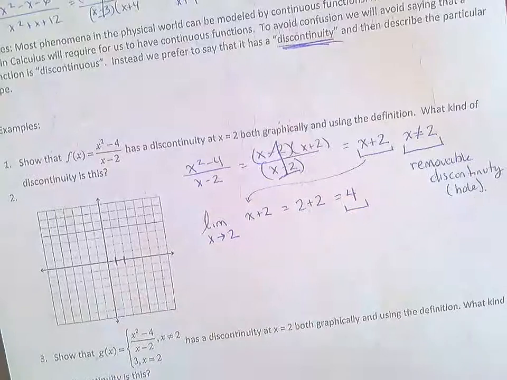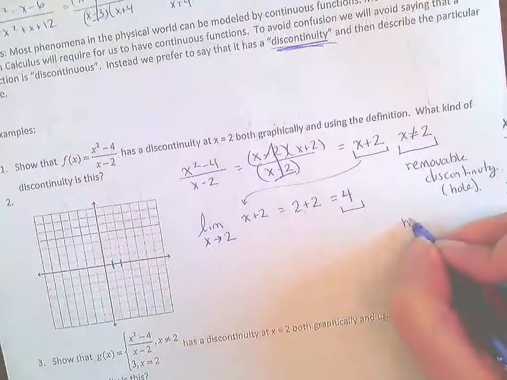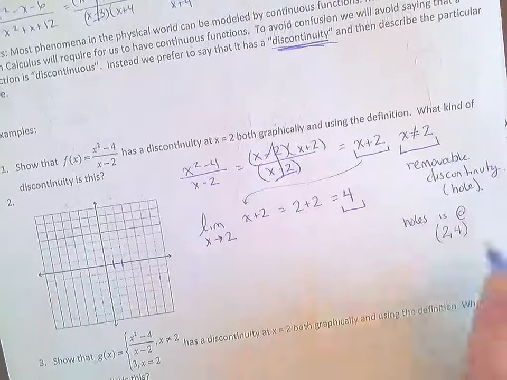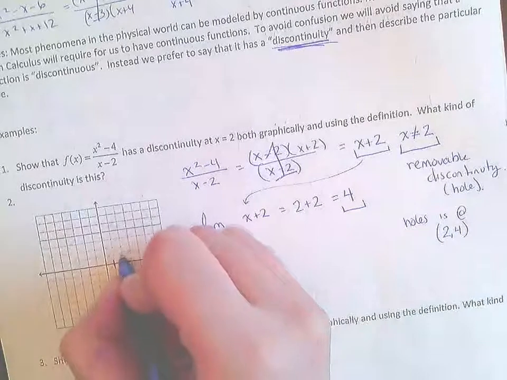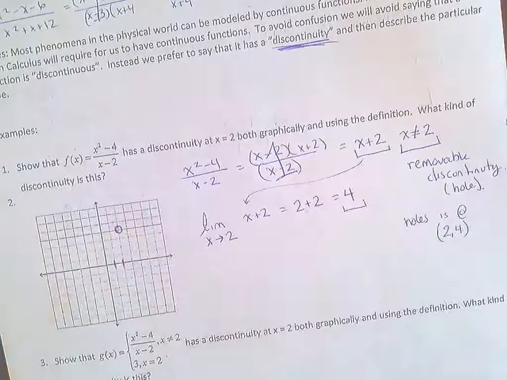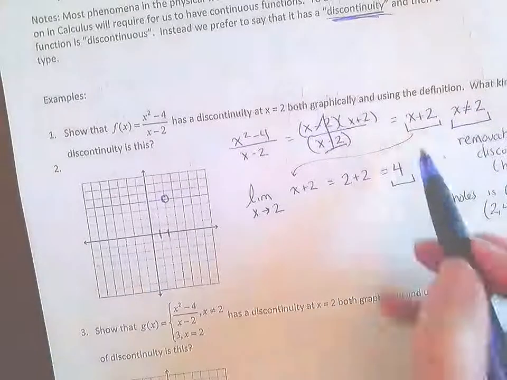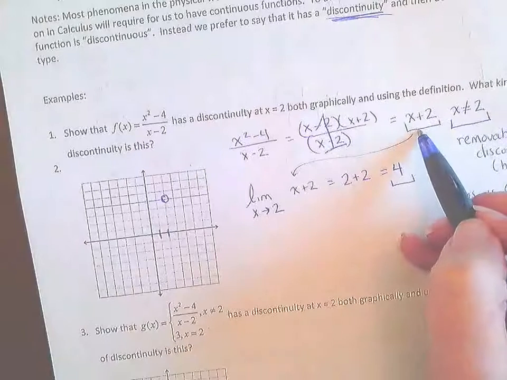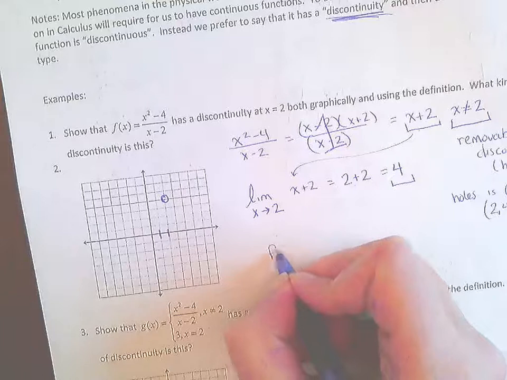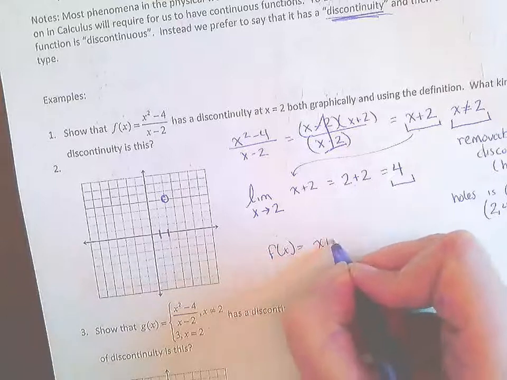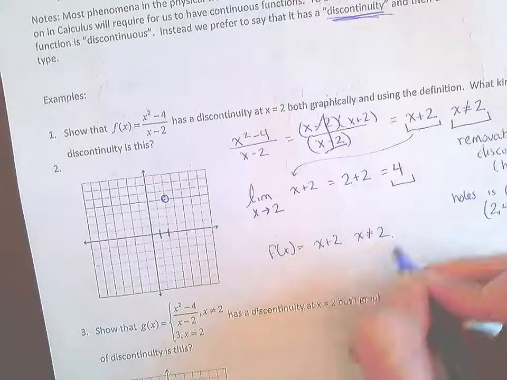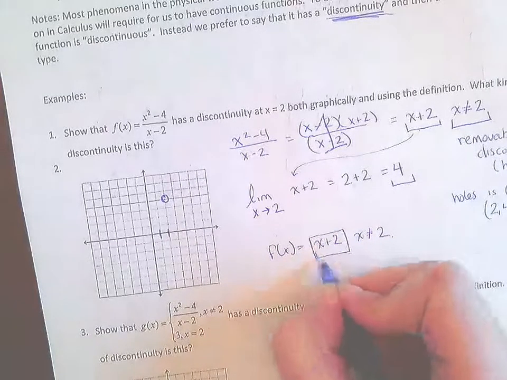So where is my hole? The hole is at 2, 4. So I'm going to go to 2, 4, 1, 2, 3, 4, and I'm going to draw the hole, the point of discontinuity. And then the rest of this graph, I'm sure you guys have noticed that what's left over to graph is just x plus 2, which of course x cannot be 2, but x plus 2 is just a linear function.